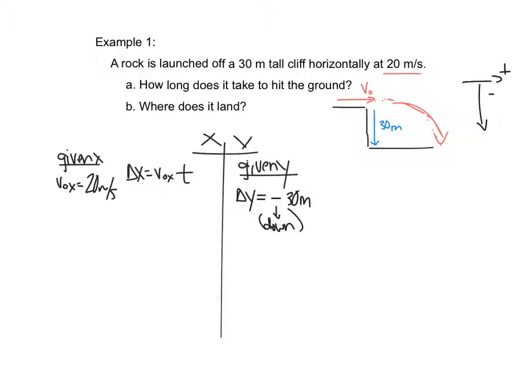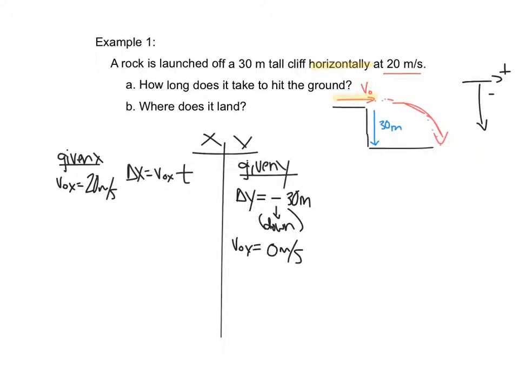What this also tells me is that the buzzword horizontally, going with my drawing here, means that we are going to have no v naught in the y direction. It is 0. There is no vertical component to my launch.